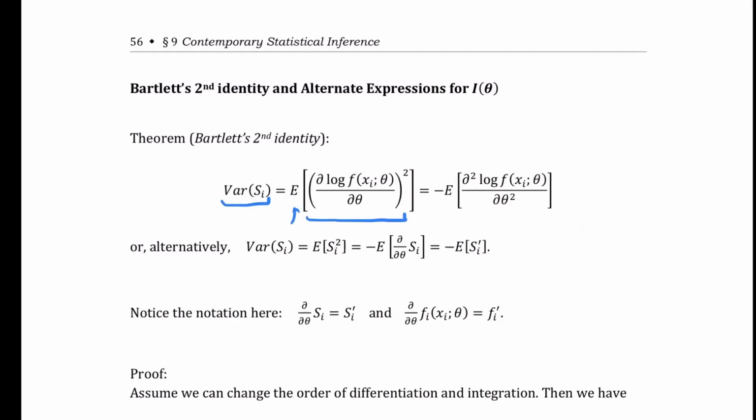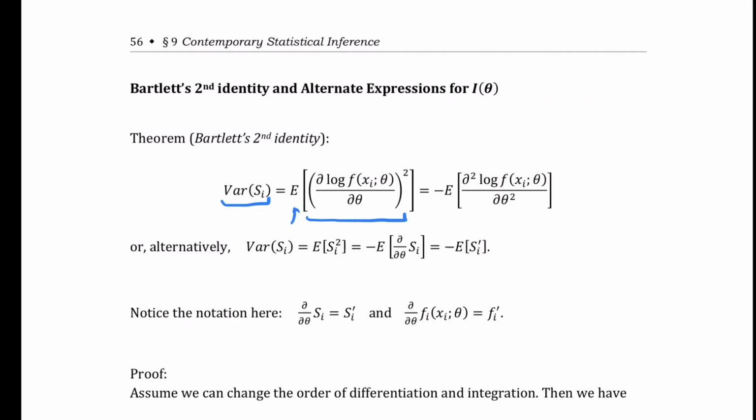And so Bartlett said, hey, I'm not going to compute this all the time. I want a shortcut. And so what he was able to show is that under certain conditions, which we'll talk about in a second, like when the working model and the true model are the same, then the expected value of the square of the score function is equal to the negative of the second derivative of the log likelihood.